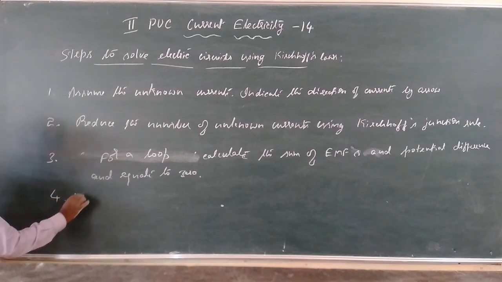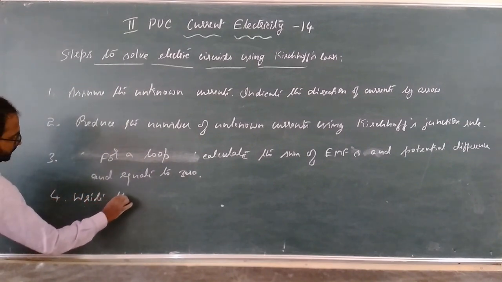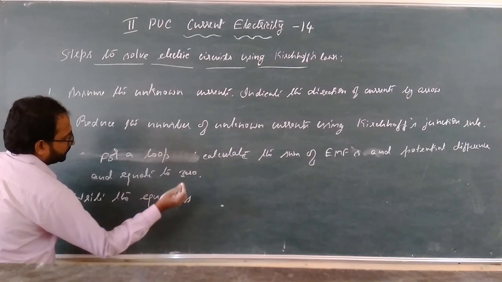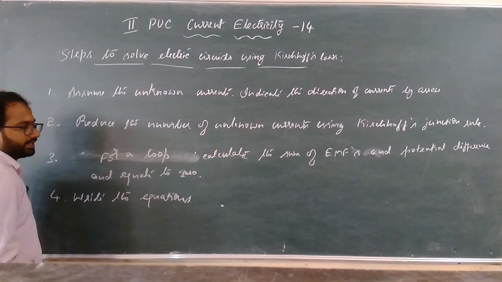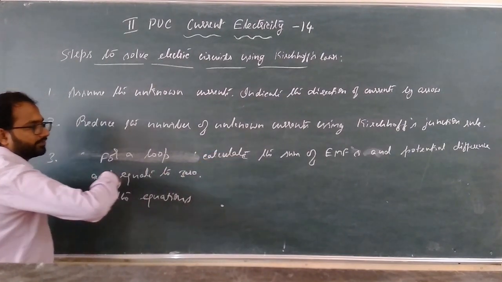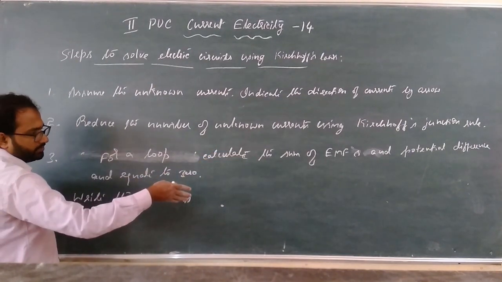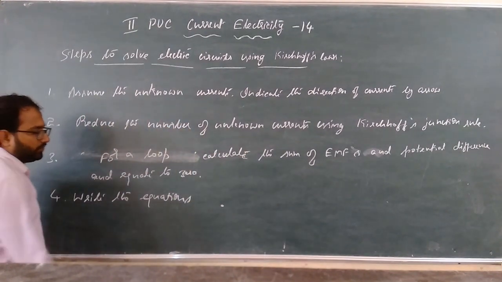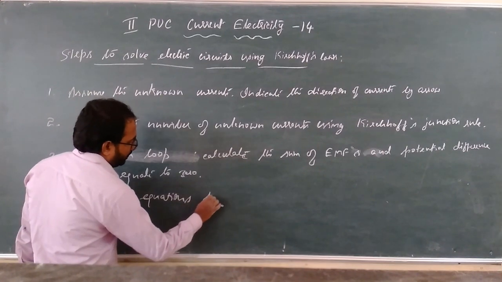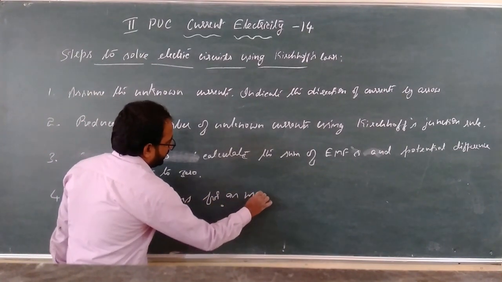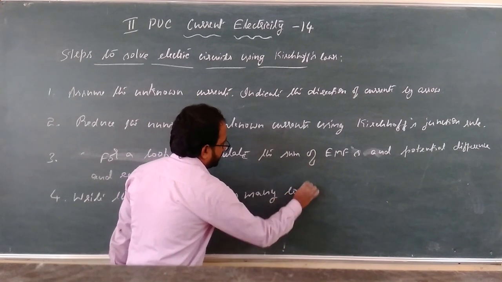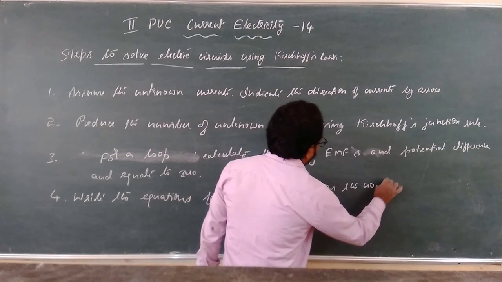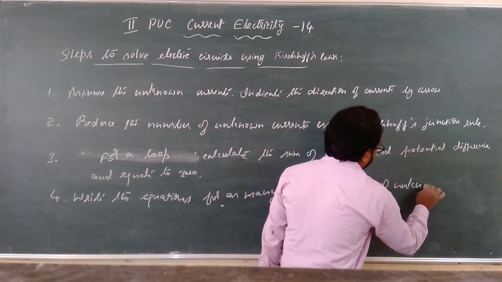Okay, so write the equations. Here, by considering a single loop, you calculate the sum of EMFs and potential differences and equate it to 0, which means you are writing an equation. So write the equations for as many loops in that particular circuit as the number of unknown currents.